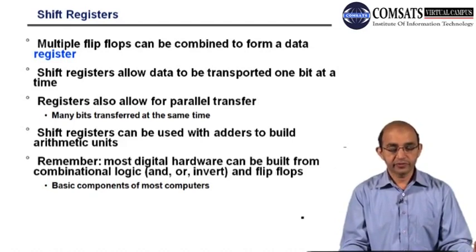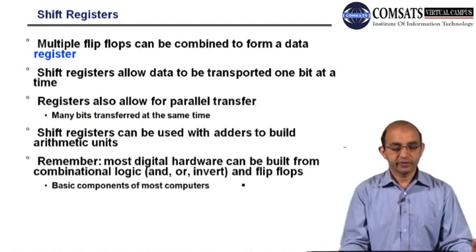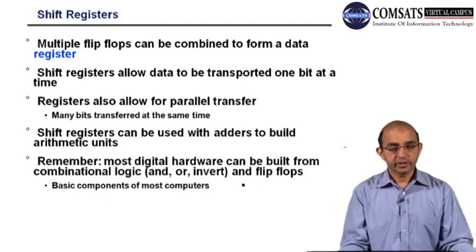This is the definition of the register. And we can also have the shift register. If we have a shift left register, we will be moving data towards the left hand side, and if we have a shift right register, we will be moving data towards the right hand side.